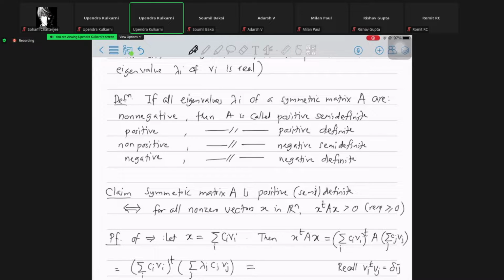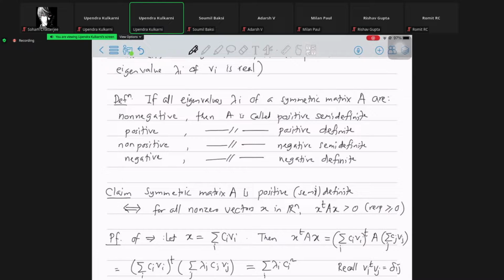So what do I get as a result? This simply becomes summation lambda i Ci squared. And of course, all lambda i's are given to be positive to me. And Ci's, whatever they are, I'm summing their squares.